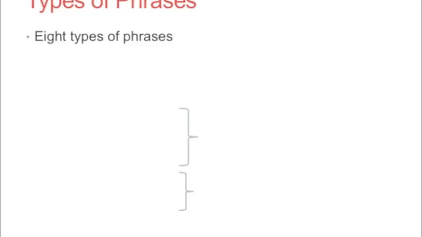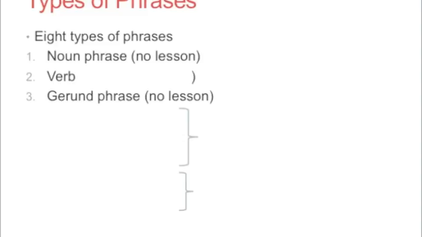Now there are 8 types of phrases. There are noun phrases, verb phrases, gerund phrases. I'm not going to go over those with you in this video. We are going to have a series of 2 lessons that cover the remaining 5 phrases.